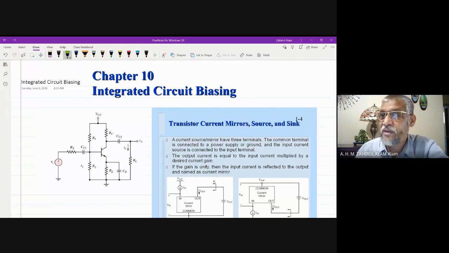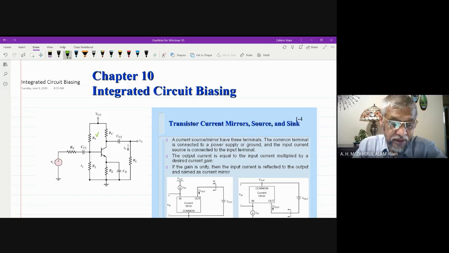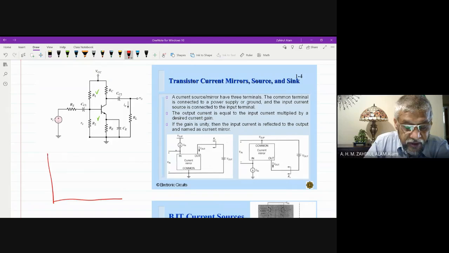Now when we use biasing, in our earlier stage we mentioned the bias resistances R1 and R2. Now the question arises, why do we need biasing? Because we can use the transistor as a switch or as an amplifier.